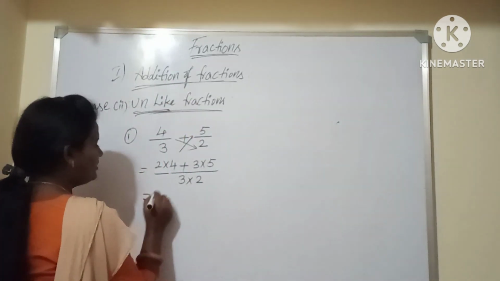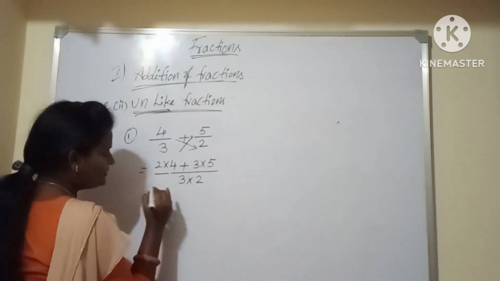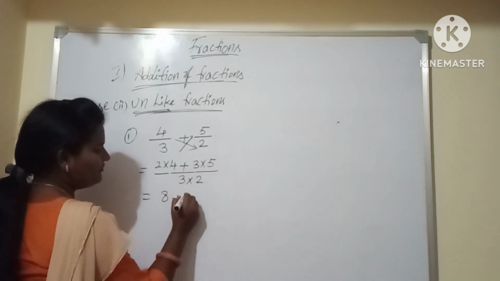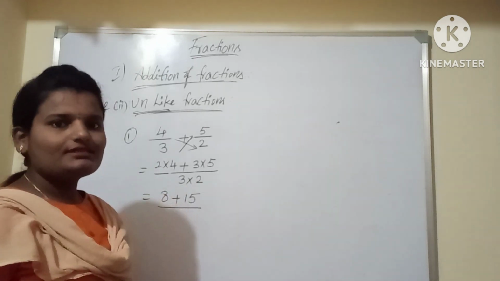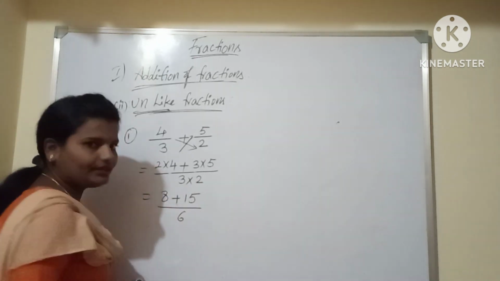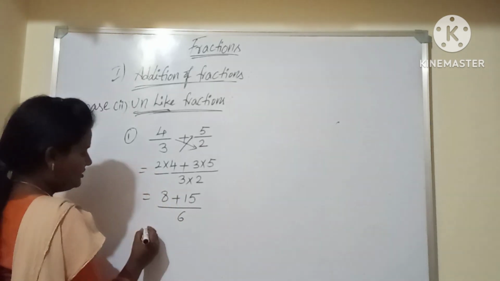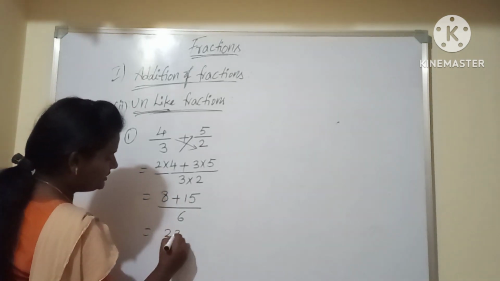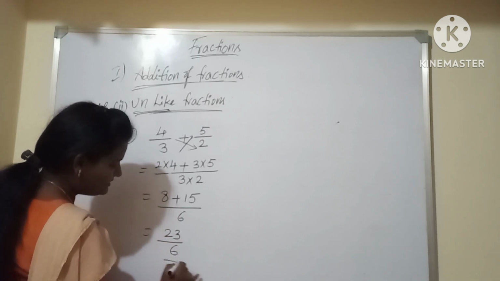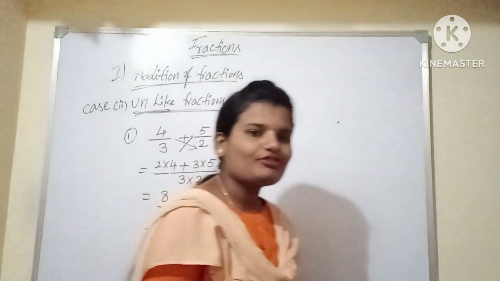Now 2 fours are 8, plus 3 fives are 15, divided by 3 twos, which is 6. Now 8 plus 15 is 23. 23 by 6, this is our answer.